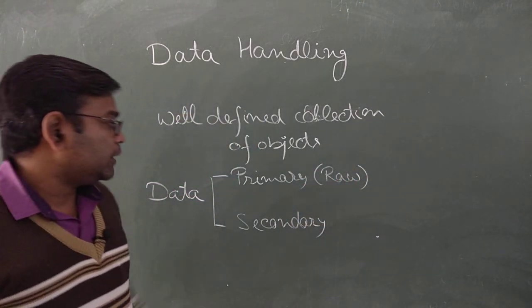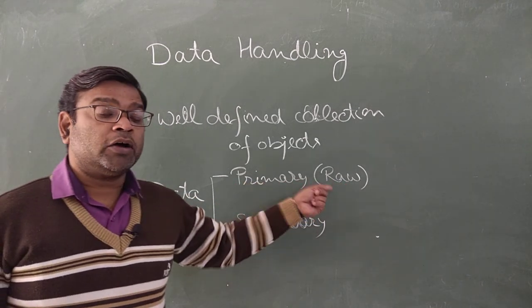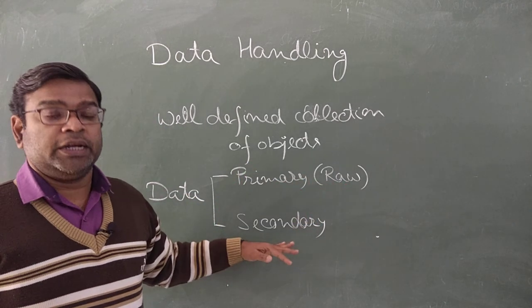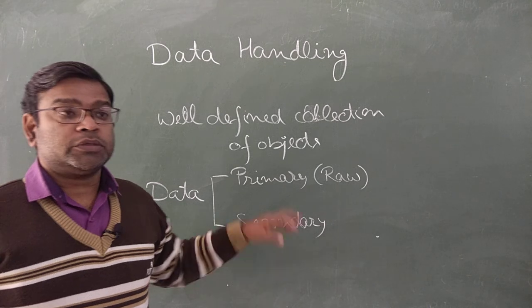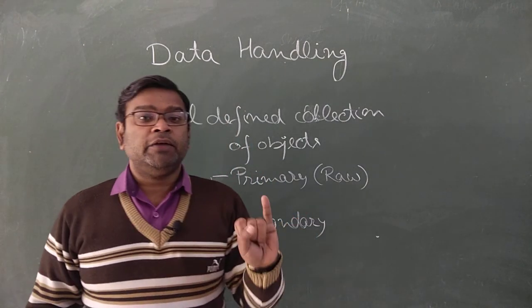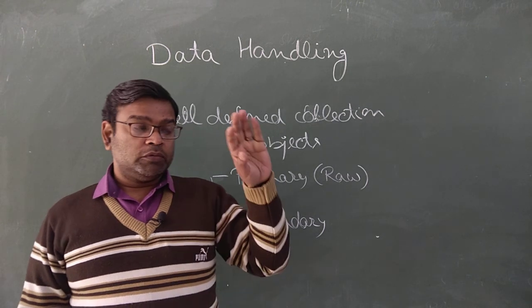Clear? Then if we arrange this primary data according to our requirement, that arranged data is known as your secondary data. Suppose in your class we measure the height and weight of the students, roll number wise.